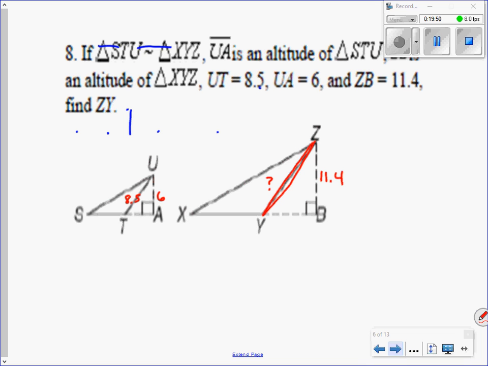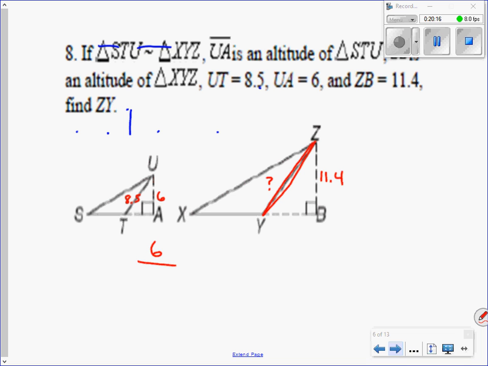We have those corresponding lengths on the smaller triangle. Those triangles are proportional. They're similar, so they have a constant or a scale factor. So using the scale factor on the altitudes, it will be the same scale factor as these corresponding sides.